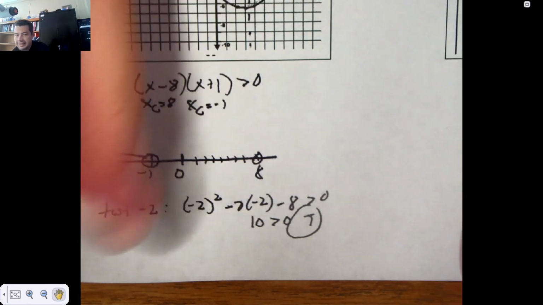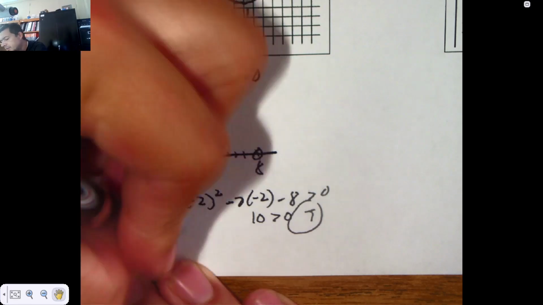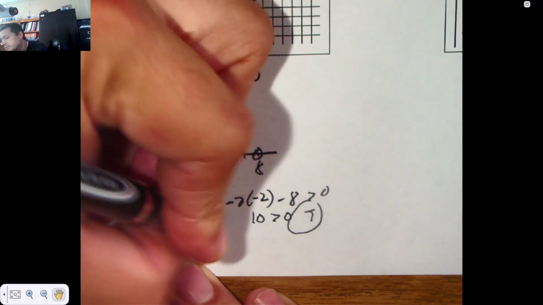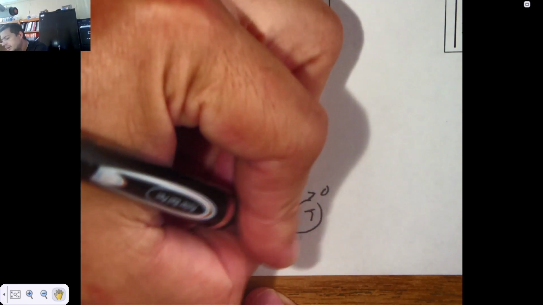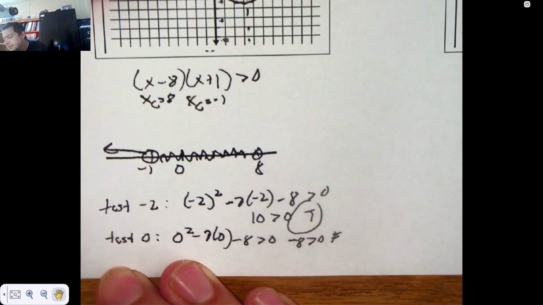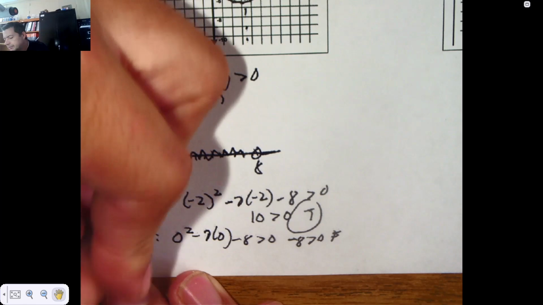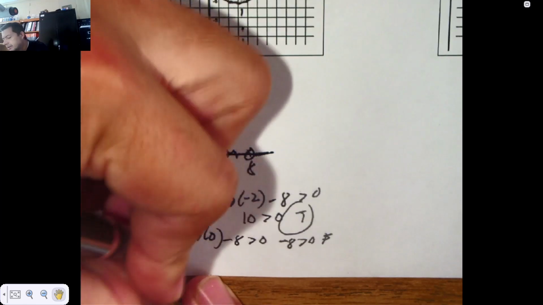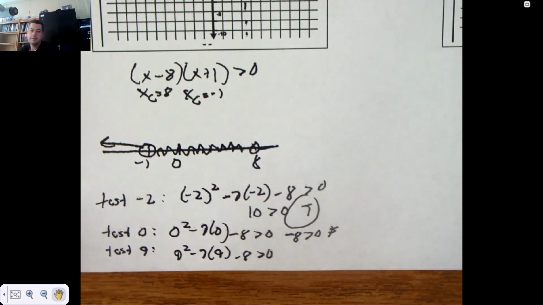I'm going to test something in the middle. So I'm going to test a 0 because it's easy. 0 squared minus 7 zeros minus 8 greater than 0. That gives me -8 greater than 0, and that's false. So none of the interior matters. And then I have to test something to the right of 8, so I'll test 9. So I have 9 squared minus 7 nines minus 8, hoping it's greater than 0.